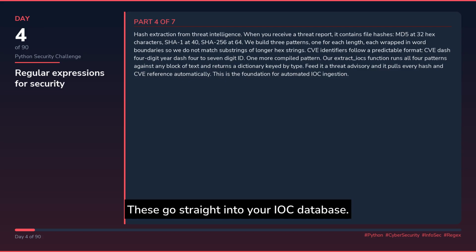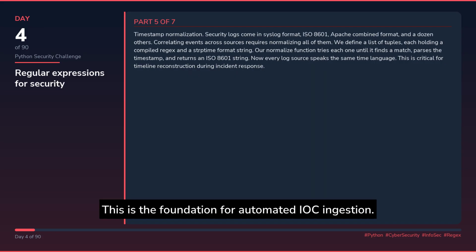CVE identifiers follow a predictable format, CVE-4-digit year-4 to 7-digit ID. One more compiled pattern. Our extract function runs all 4 patterns against any block of text and returns a dictionary keyed by type. Feed it a threat advisory and it pulls every hash and CVE reference automatically. This is the foundation for automated IOC ingestion.